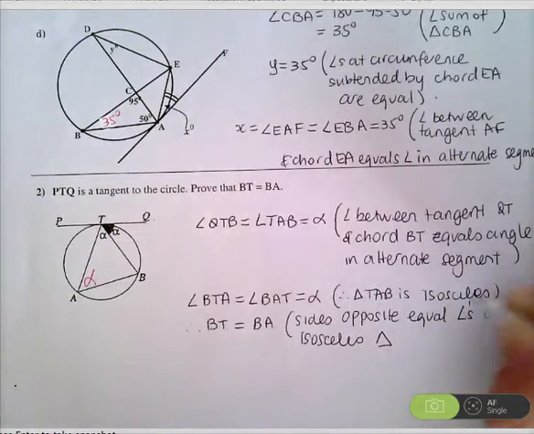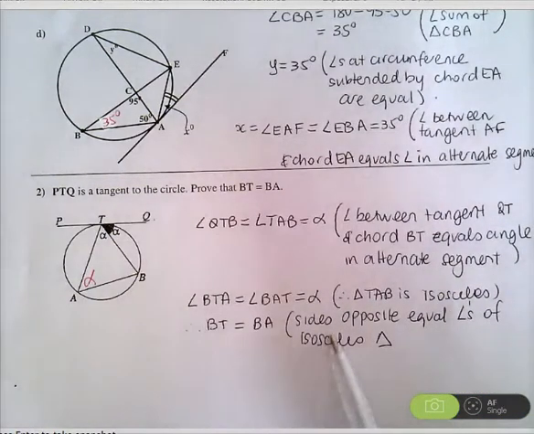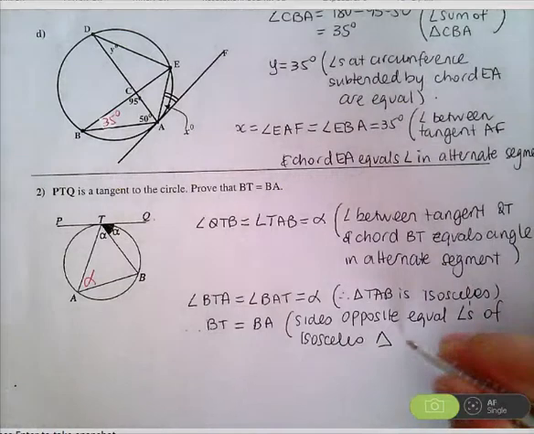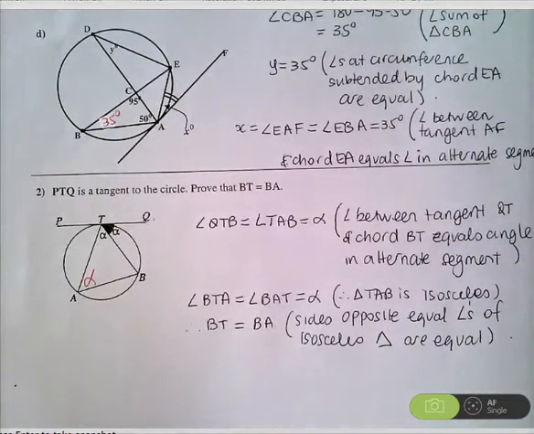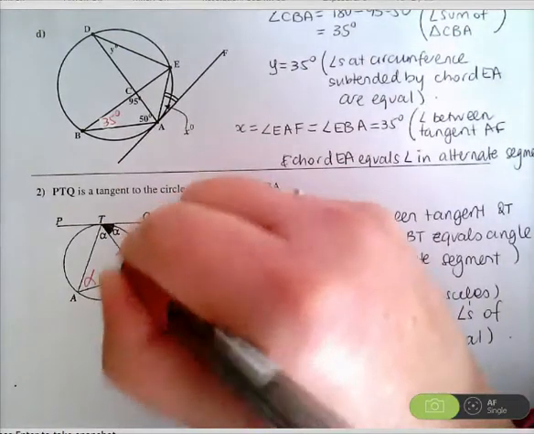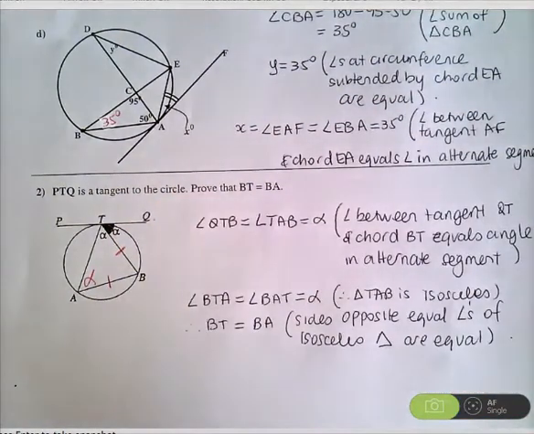So I can say BT equals BA, sides opposite equal angles of isosceles triangle are equal. Okay, and therefore we've just proven that BT is equal to BA.